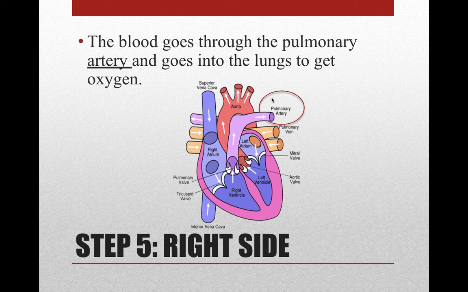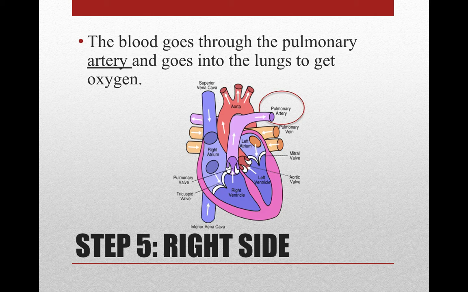So this pulmonary artery takes blood away from your heart to your lungs. Once it's in the lungs, it will get rid of the carbon dioxide when you breathe out. And then when you breathe in the oxygen, your blood will pick up that oxygen and come back into the heart. Okay? This is all we're going to do for today.